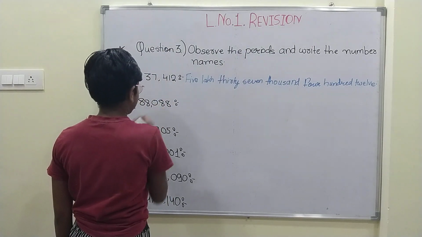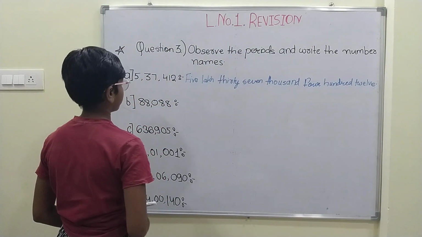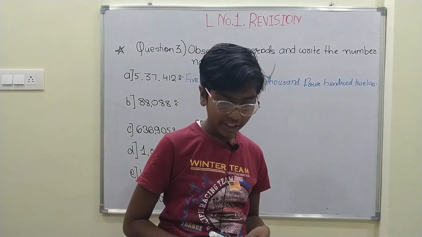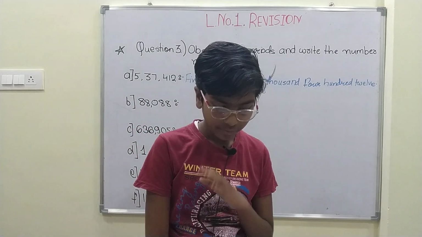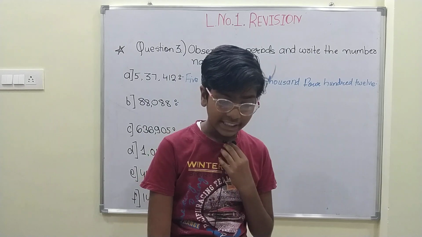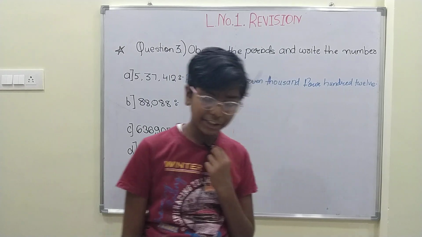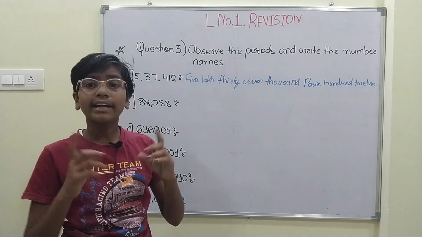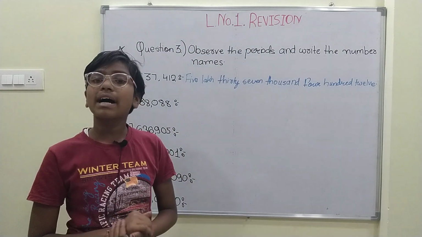First, I'll place the commas in there. Now, how will I read it? They didn't say to write it in international or Indian system, so it is like how they have placed the commas.